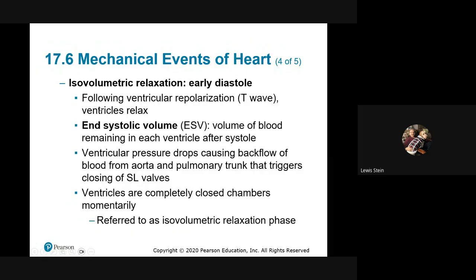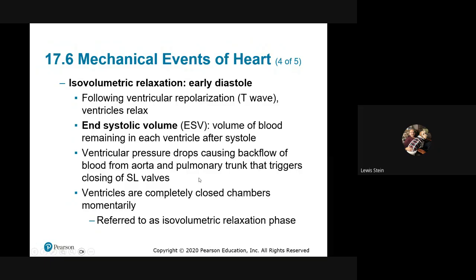Okay? And at that point, now they start to relax, and we see what's left, the end systolic volume. What's remaining in the ventricles? The ventricular pressure drops, and you're going to see some backflow, and it's what I described to you before, that trampoline effect in those big conducting arteries like the pulmonary artery and the aorta.